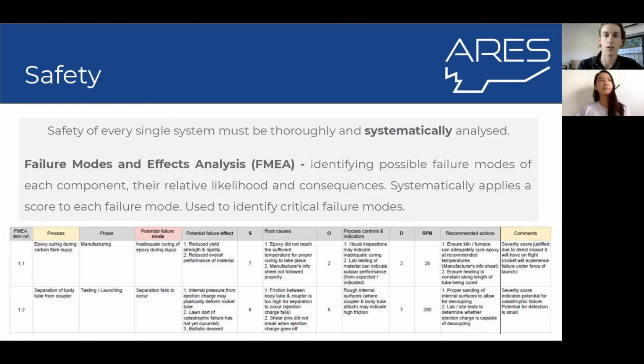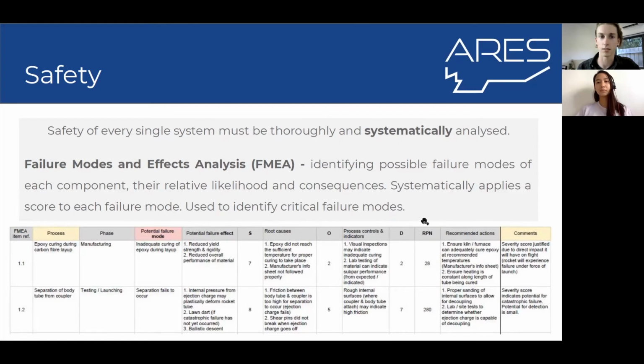Failure modes and effects analysis is where you think about each little component of the rocket and possible failure modes for that. We consider how likely they are, what the consequences are, and how detectable it is. We allocate a value from 0 to 10 to each of those: how likely it is, how serious the consequences would be, and how likely it is to go undetected.